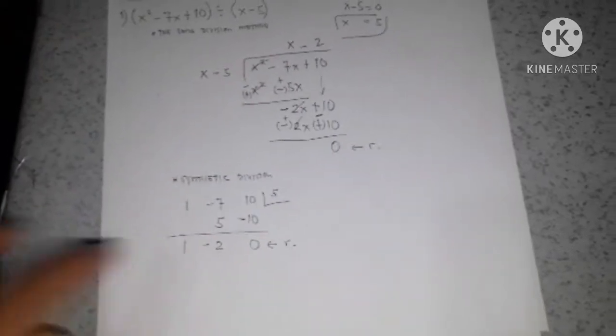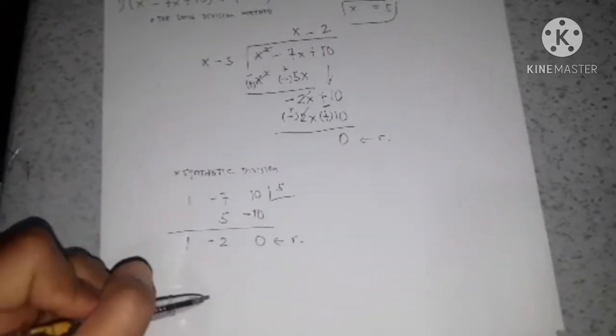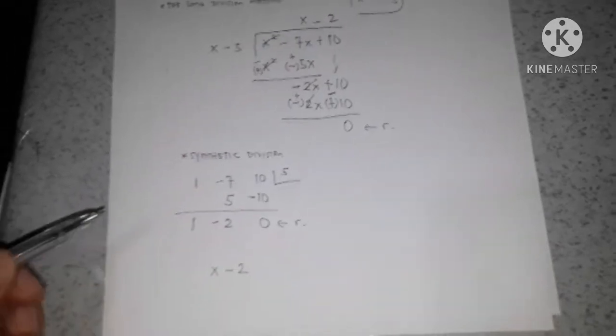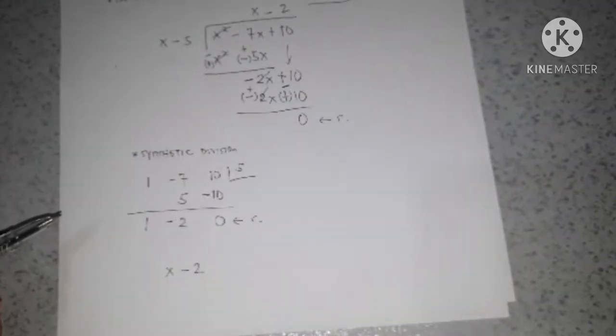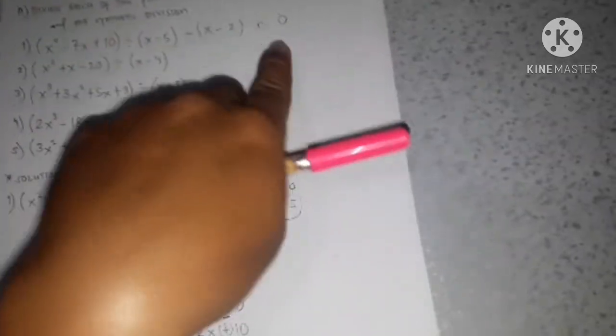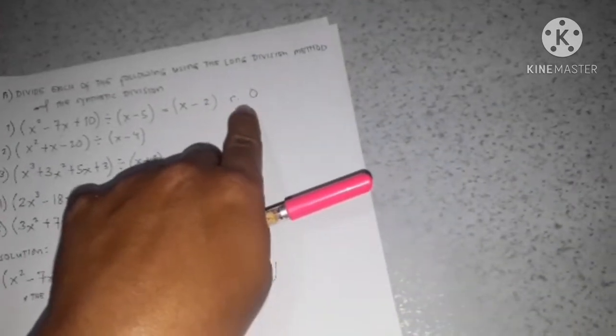So, 1 times x, yun ay x, and then minus 2. This is the quotient. So, this is x minus 2. Okay, remainder is 0, or kahit di nyo na isulat yun.